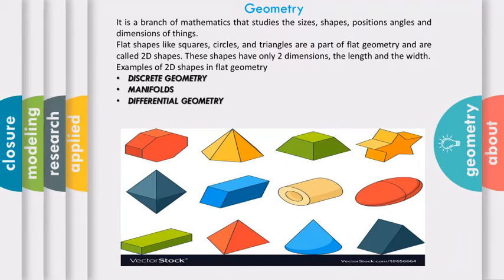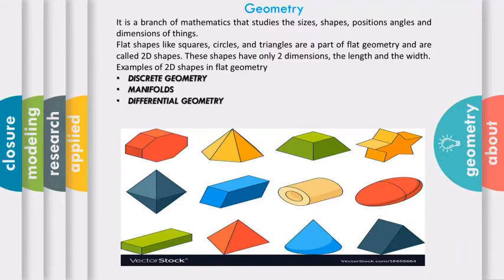Similarly, we have three-dimensional objects. Not only do we have fixed or regular shapes, we have so many irregular shapes. Studying these physical shapes that we can see comes under the geometric part, and in that part we will learn about discrete geometry, then manifolds, then differential geometry also.